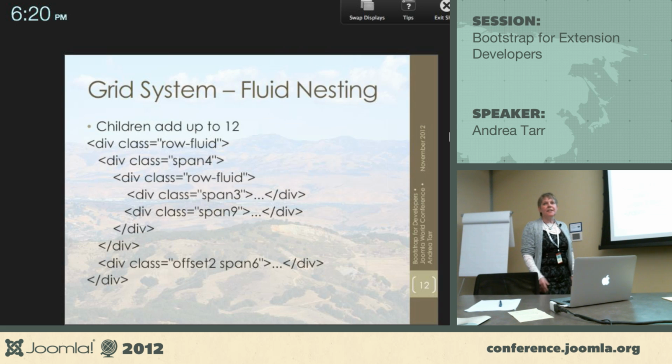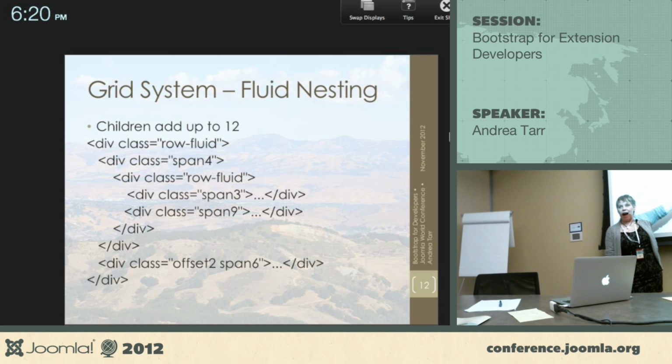You can nest here. The difference when you are nesting with the fluid responsive as opposed to nesting with the static is that each time you nest in, you start at 12 again. So you'll notice when we divide up this span 4, instead of it being 1 and 3, we're going to put 3 and 9 because we're going to actually look at that as being an entire space that we have here.